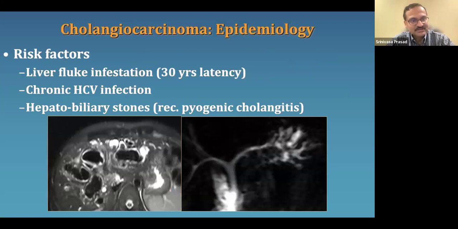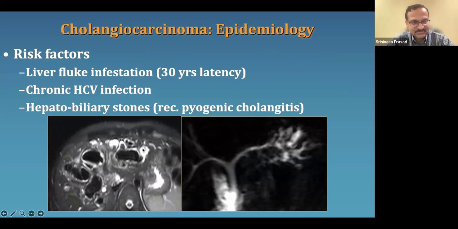The common risk factors are the liver fluke, which is more common in Southeast Asian countries, and chronic HCV is another risk factor, and recurrent pyogenic cholangitis, as some of these examples suggest, with segmental biliary dilatation and the presence of stones.